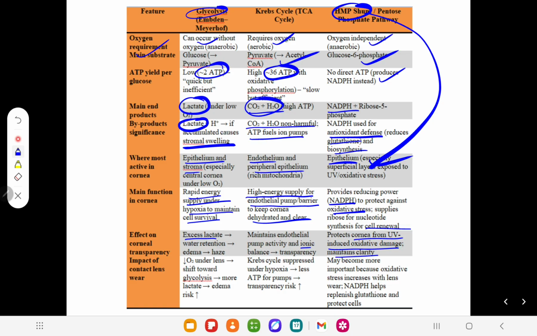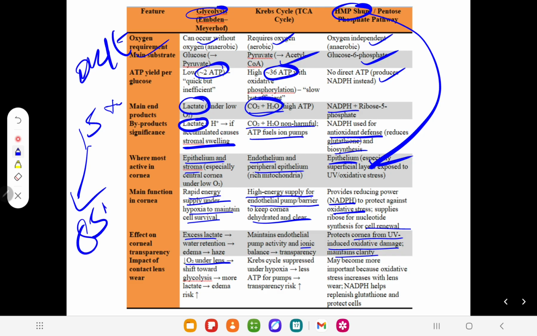Okay, so what happens if O2 under the lens goes down? Basically, if the contact lens material has low Dk/t, then oxygen at the epithelial level definitely reduces, which shifts things. Roughly 15% is aerobic. But if the contact lens has very low Dk/t, then this 15% moves toward the 85%, isn't it?